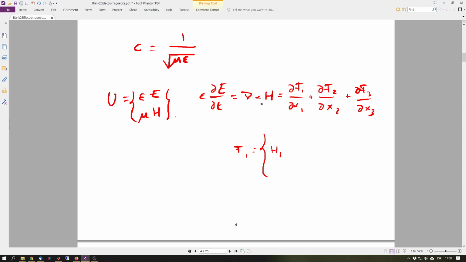So in the second component we will have a minus of the derivative of h3, doing the rotational that we have here. So we have the derivative with respect to x1 appearing just for the second component, minus h3, right?